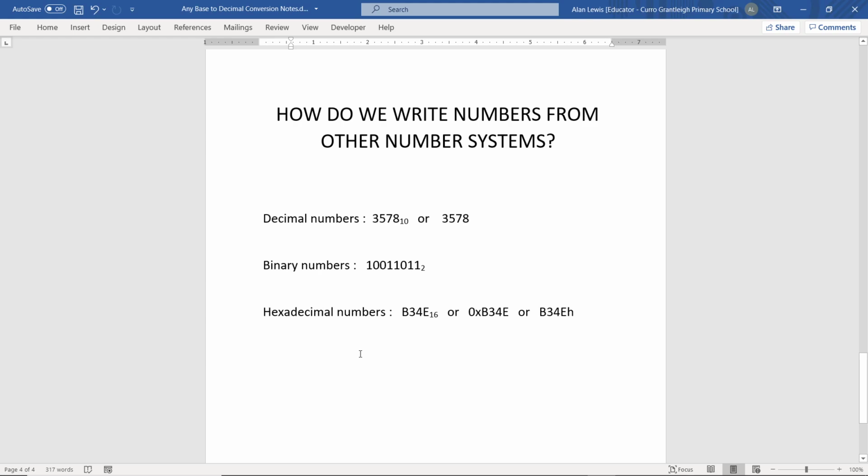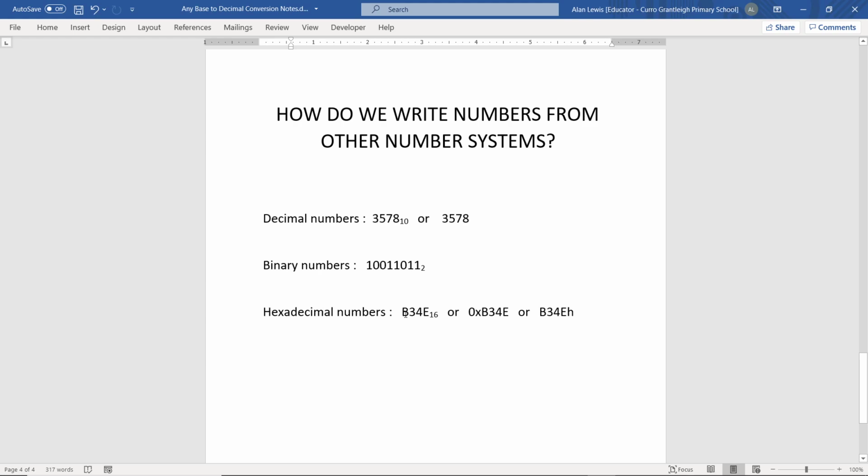Hexadecimal numbers, there are actually 3 ways to indicate that we've got a hexadecimal number, and all 3 of them are correct. So I don't mind which one you use. The first one, like we saw up here, is just to put a little subscript 16.